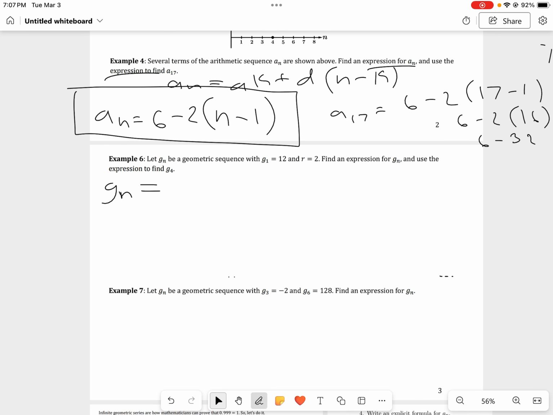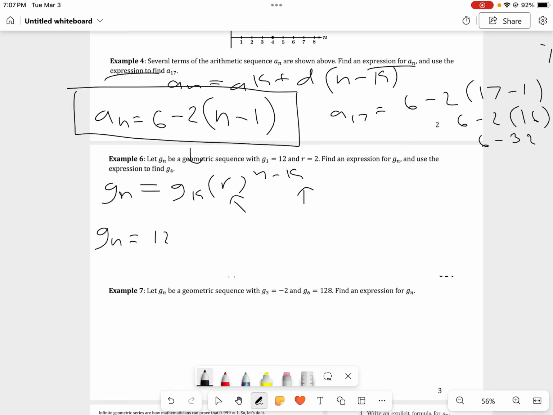So we have values. We have g of 1, which we can use here, and then that also goes here. And then we have r. So that should be it, honestly. g of n equals g of 1, which we're going to use 12, times r to the n minus 1. Sorry, r is 2, it already gave us. So that's our expression.